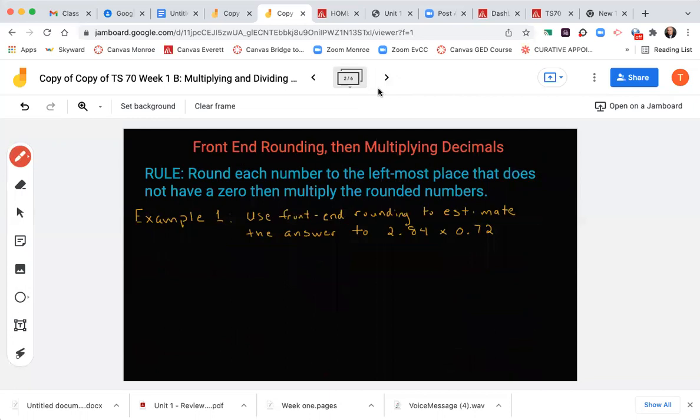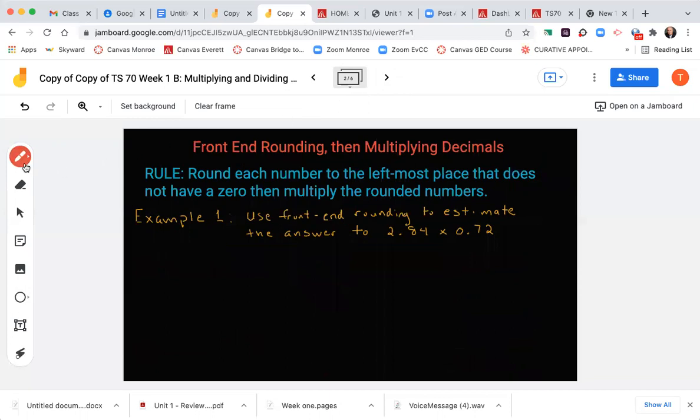I'm going to talk about something called front end rounding also, which is a concept that's important. So let me go ahead and pause this video and copy what you see on the screen. Okay, let me talk about front end rounding.